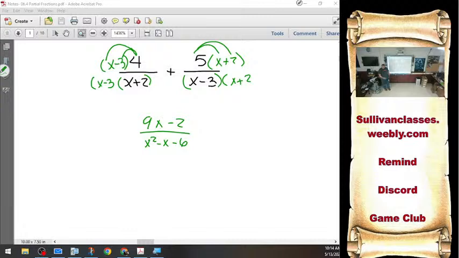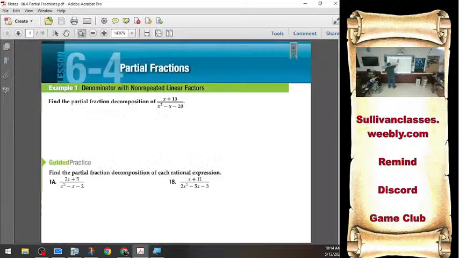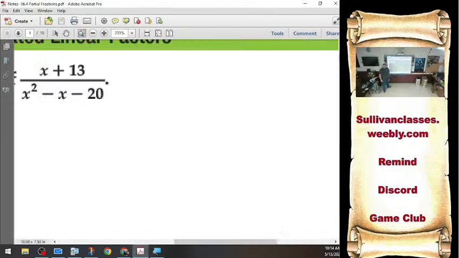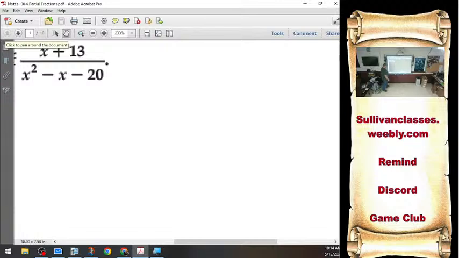Do it in reverse. That's what partial fractions are about. Where instead of, I want you to combine them, I want you to break them apart. Okay? And to break them apart, first I have to understand what are my two parts going to be comprised of.